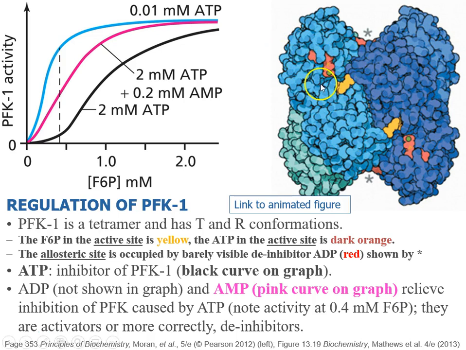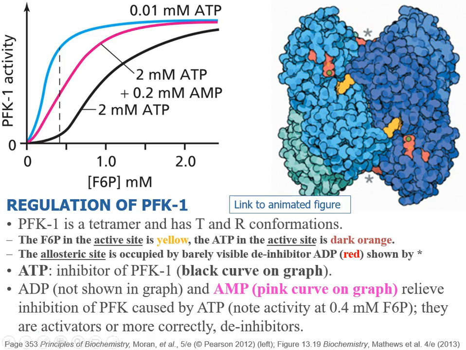And the ATP is in this dark orange right here. So we've got fructose and we have ATP, because ATP is a substrate too, which makes this a little bit complicated. We need our fructose 6-phosphate plus the ATP, which is our substrate, to get together so that the ATP can phosphorylate the fructose 6-phosphate.